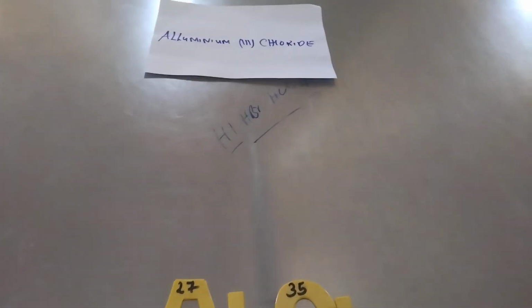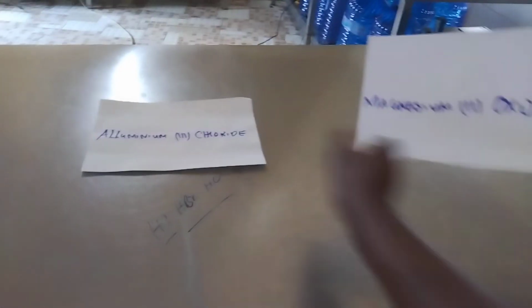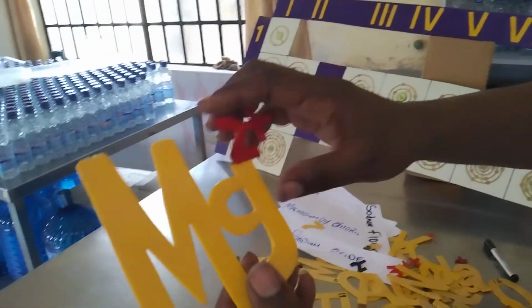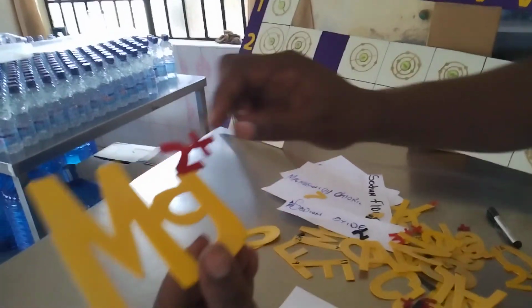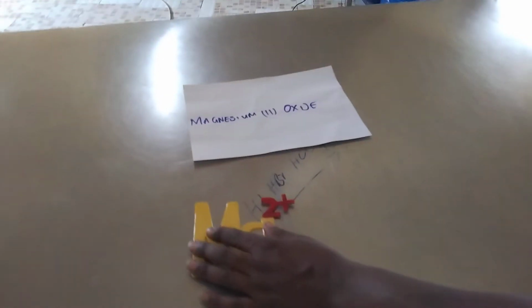Now, if we move forward to the next molecule, we are going to have magnesium oxide. Now, magnesium is in group 2, so it loses 2 electrons. It's a metal. It loses the 2 electrons in the outermost energy level to have an oxidation number of +2.